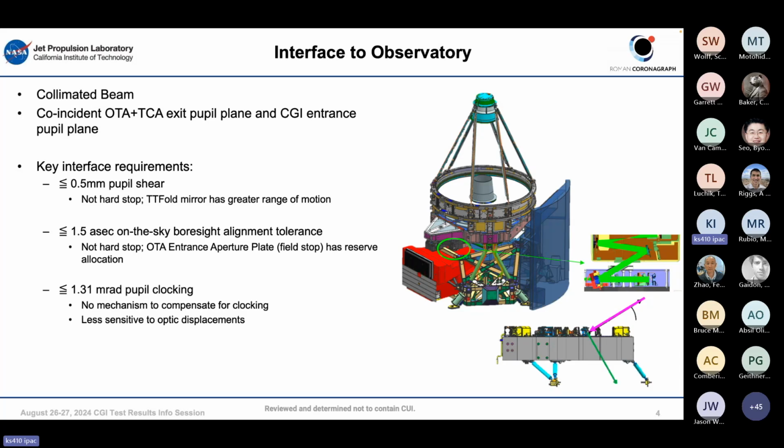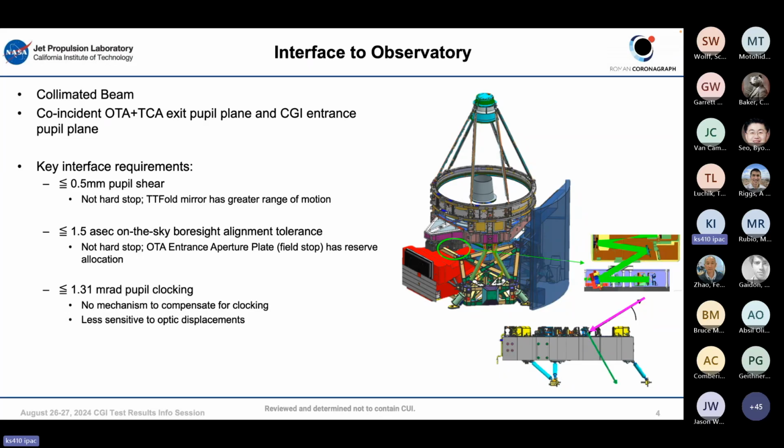The telescope feeds through to the instrument from what we call a tertiary collimating assembly, which sits right above the coronagraph. It provides a 40 millimeter diameter beam. The interface between the instrument and the telescope front end is at a pupil plane.